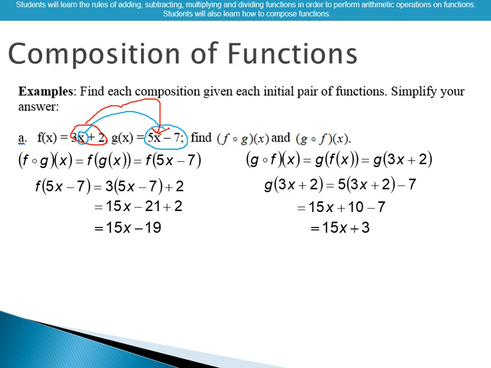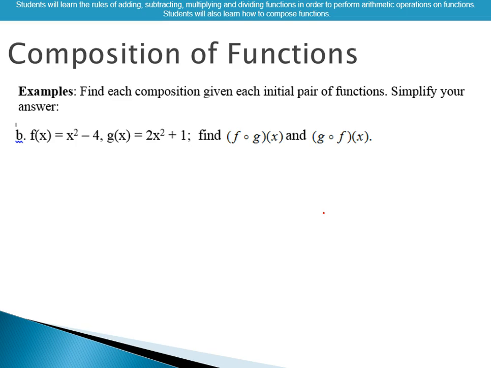So that's going to give us 15x plus 3. Are these two the same? No, they're not the same. Nothing special happening here. If you do this and they're the same, that's something special. If you do this and they both equal x, they're called inverse functions, but that's a story for a later day.